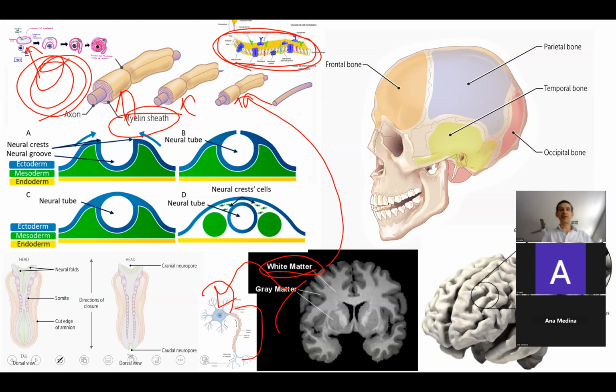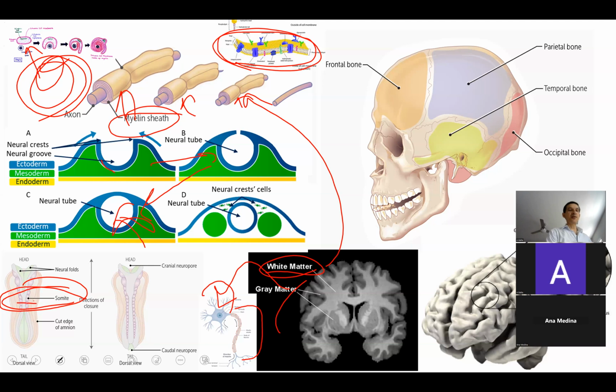So as I mentioned earlier, we have that three-layer plate that forms a tube-like structure. That formation starts in the middle. It starts making that loop, almost completely closed. This is your completely closed loop, the tube.